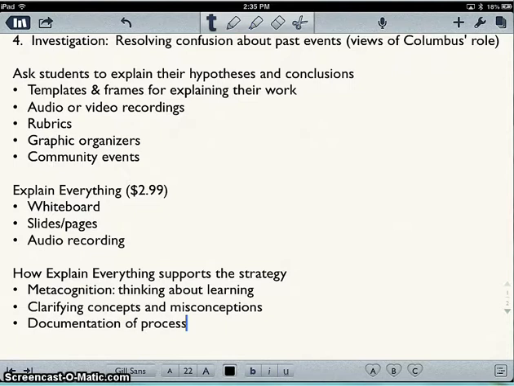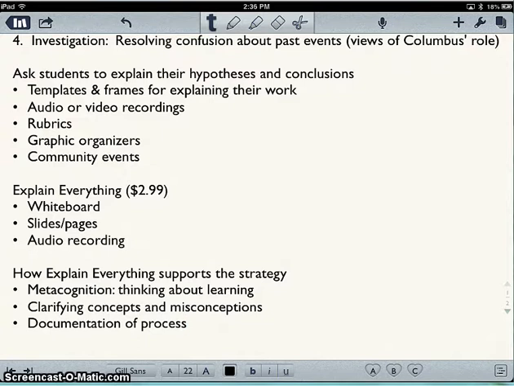So we'll jump in a second here to Explain Everything. And Explain Everything is a $2.99 app. There are other free apps that will do similar things, but we like this one because it combines a number of functions. So it has the whiteboard function that you're probably familiar with from something like Show Me or EduCreations, which are free apps.